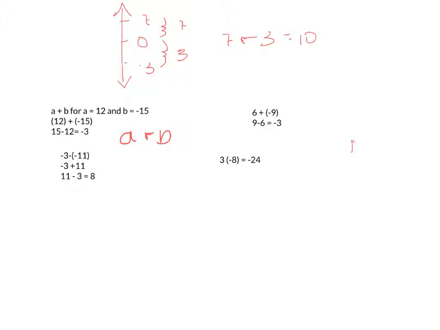The next one, I'm just going to put right underneath it, is divide -72 by -9. Same sign, positive. 72 divided by 9 equals 8.